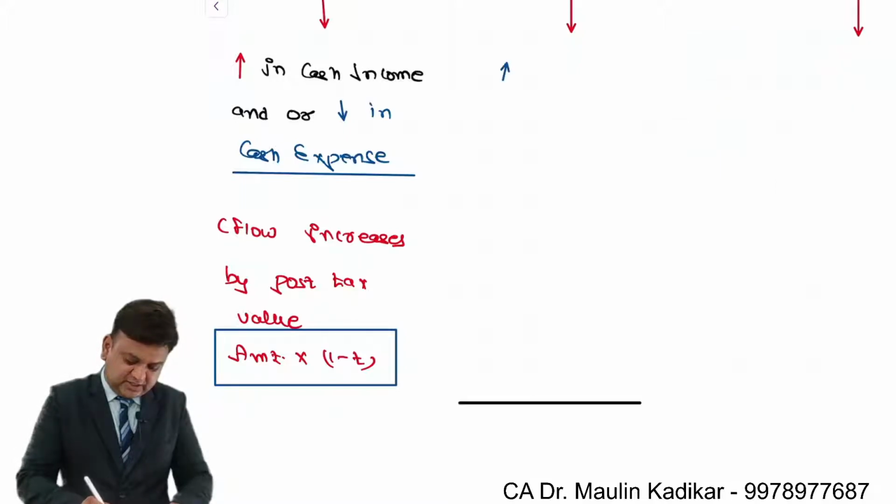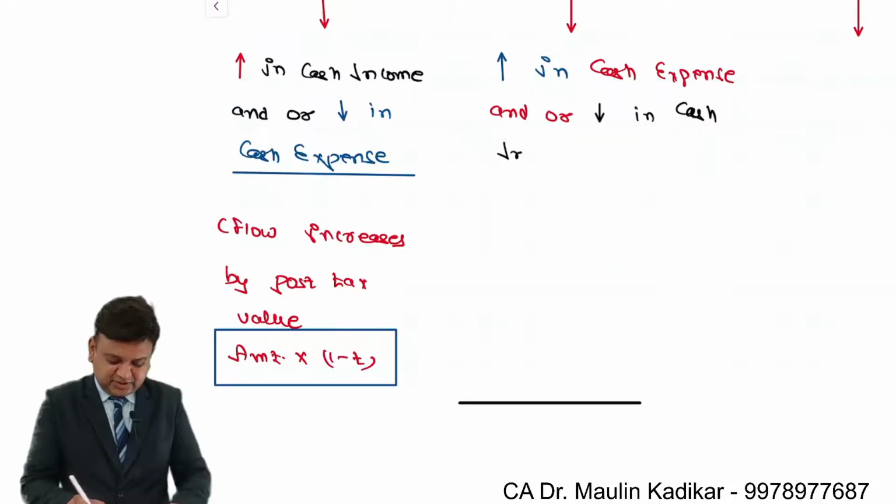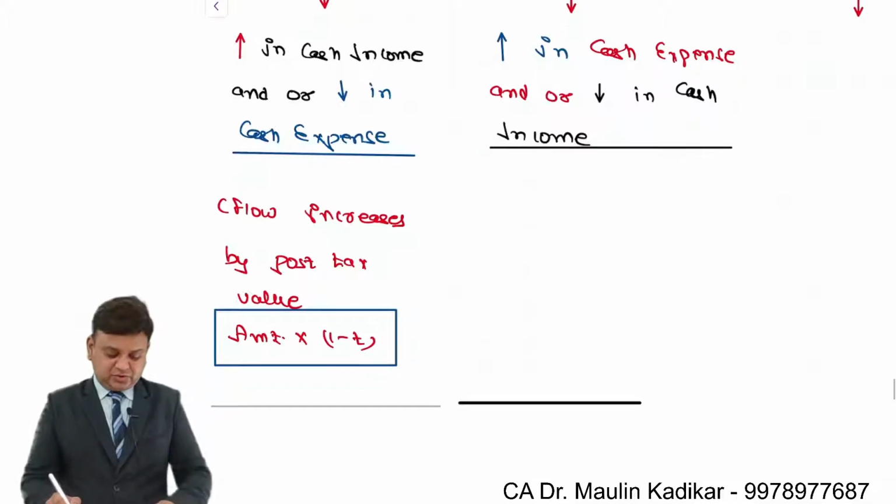If at all there is increase in cash expense and or reduction in cash income, in that situation what will happen?